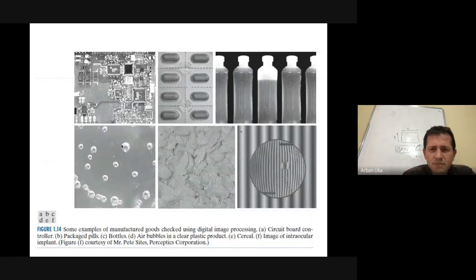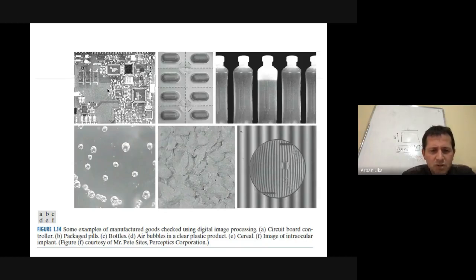Okay, this is all about the imaging modalities, and these are some areas where image analysis is essential to check the quality of the products that are produced. The first image is a circuit board controller. You take a very high quality image, because a person cannot see in detail whether the connections on a circuit are done correctly.